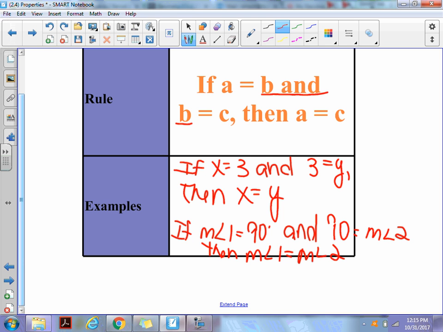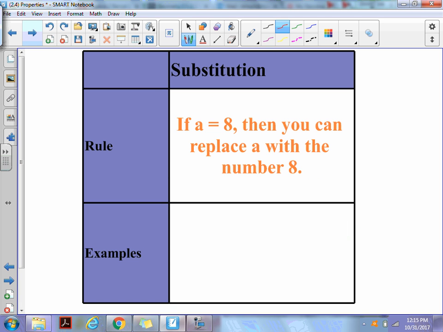Alright, so those should be the 3 new ones to you. And now we're going to go back to some review ones. Substitution. This is your replacement property.